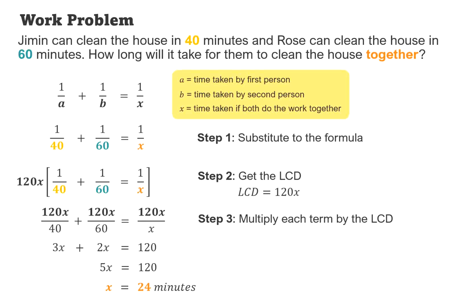So, therefore, dito mapapansin ninyo, dahil dalawa sila maggagawa ng paglilinis ng bahay, mas mapapabilis yung time para sila ay makatapos. Okay, so therefore, our answer would be x is equal to 24 minutes. So, this is how we can use yung rational expression through rational equations para ma-solve natin yung mga work problems na gaya nito.